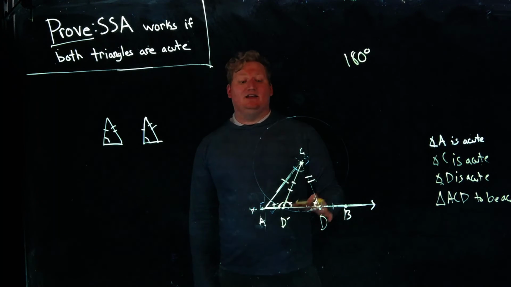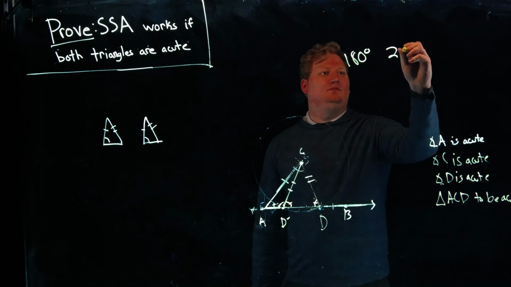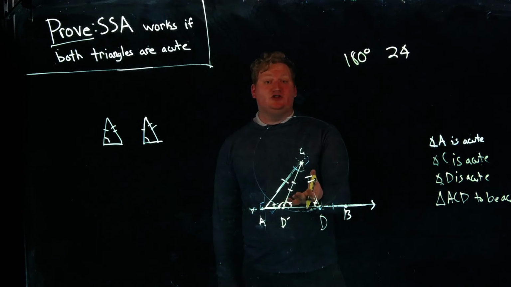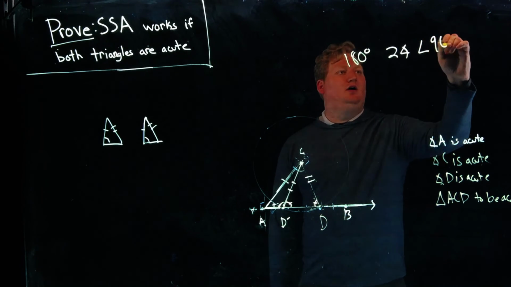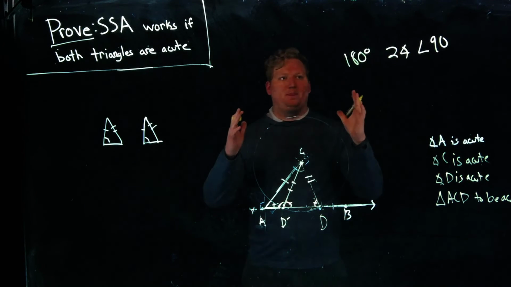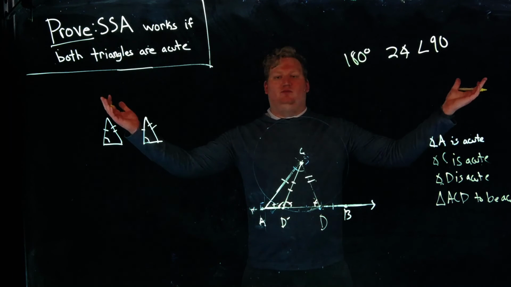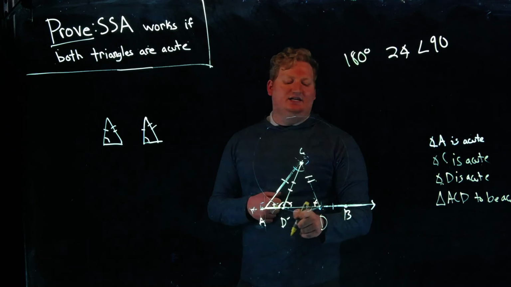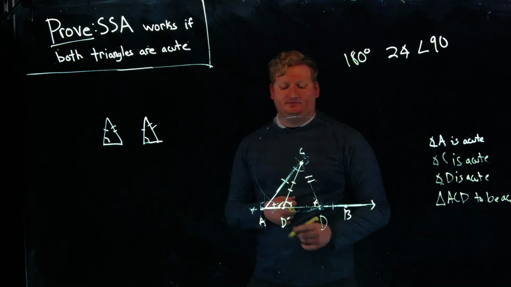But putting that aside, if D prime and D are the same, each angle itself cannot be greater than 90 degrees. Because if both angles are 90 degrees, then we actually can't create a triangle anymore. And if it's greater than 90 degrees, then we definitely can't create a triangle. So we know that D prime and D have to be acute in this triangle.